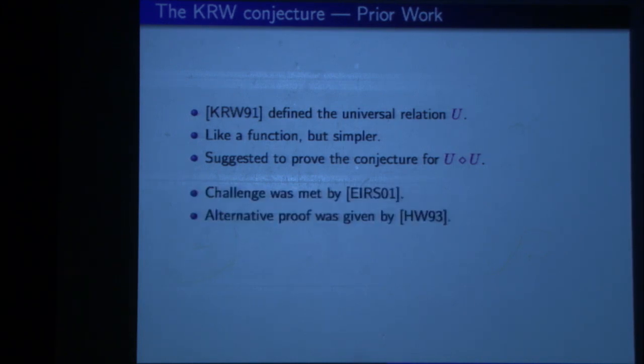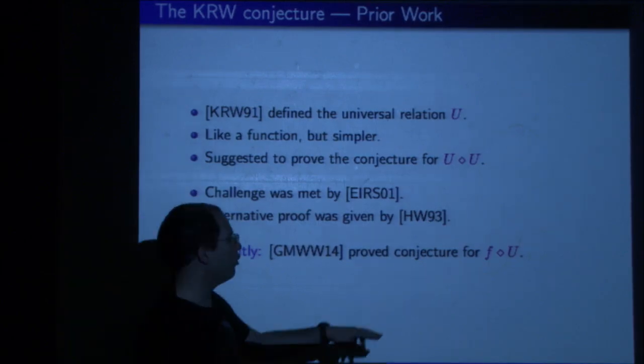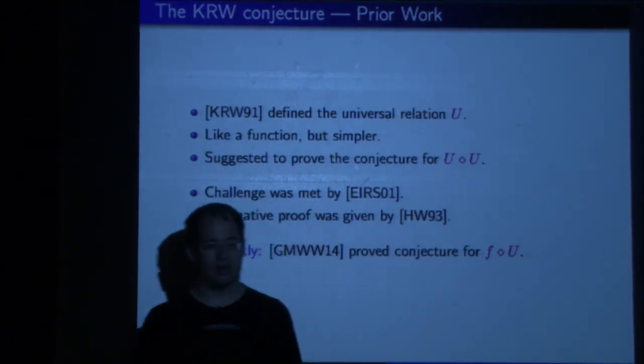This was actually done by Edmonds, Impagliazzo, Rudich, and Sgall, and later Håstad and Wigderson gave a different proof, which is simpler. And more recently, in joint work with Avi, Dima Gavinsky, and Omri Weinstein, we proved the conjecture also for compositions of the form f composed with a universal relation.